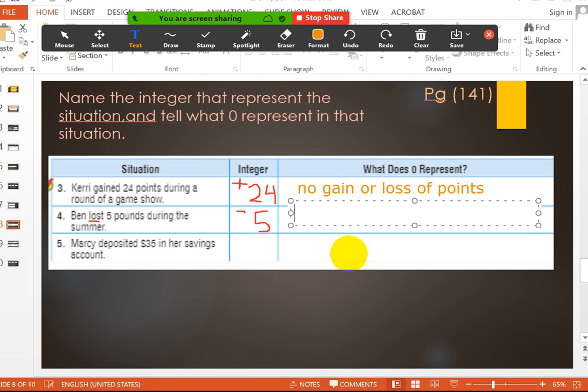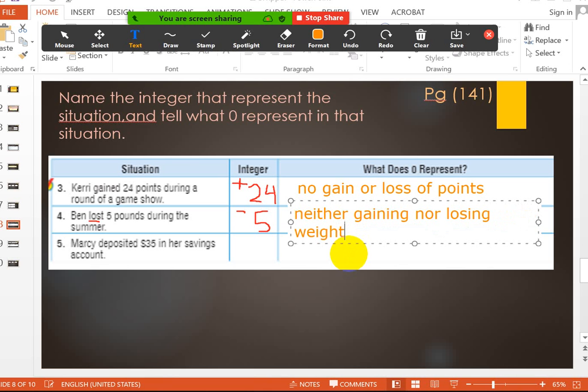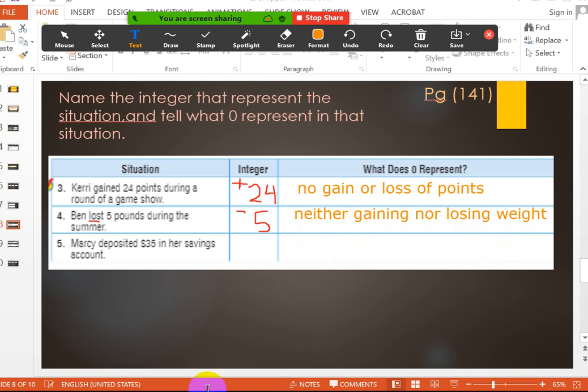So neither gaining nor losing. This is what 0 represents in this situation.